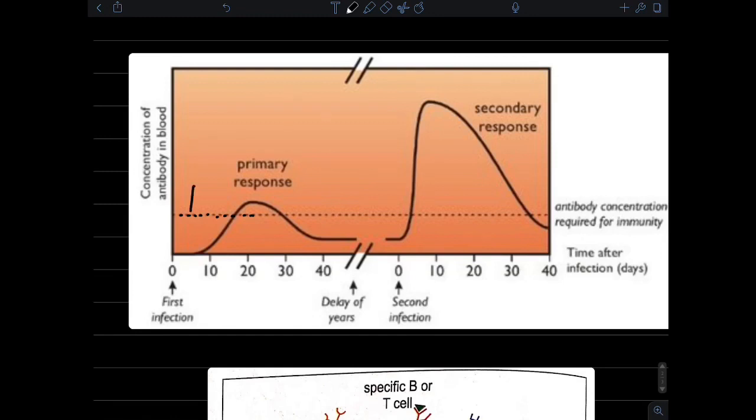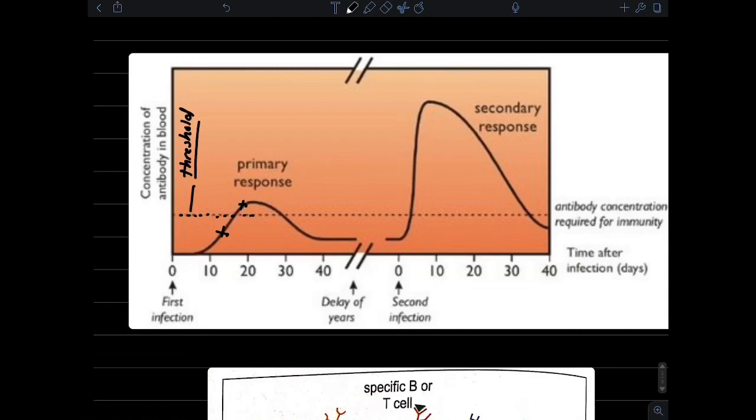This is called the threshold amount of antibodies, which means that below this level the antibodies are not efficient and cannot protect our body. Above this level the antibodies can protect our body.